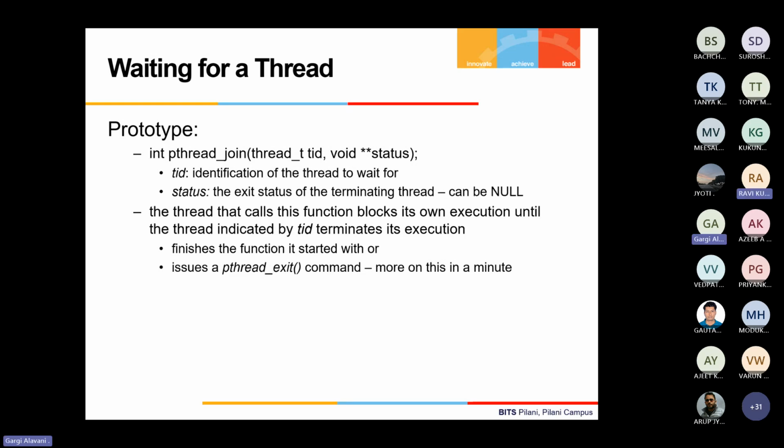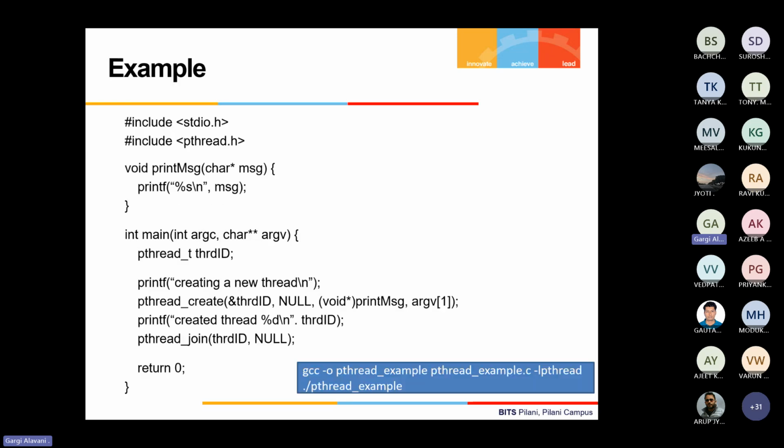The status can even be NULL if we don't care about the return value. When we call pthread_join, the calling thread will be blocked until the specific thread finishes, and this ensures that the thread completes its work.